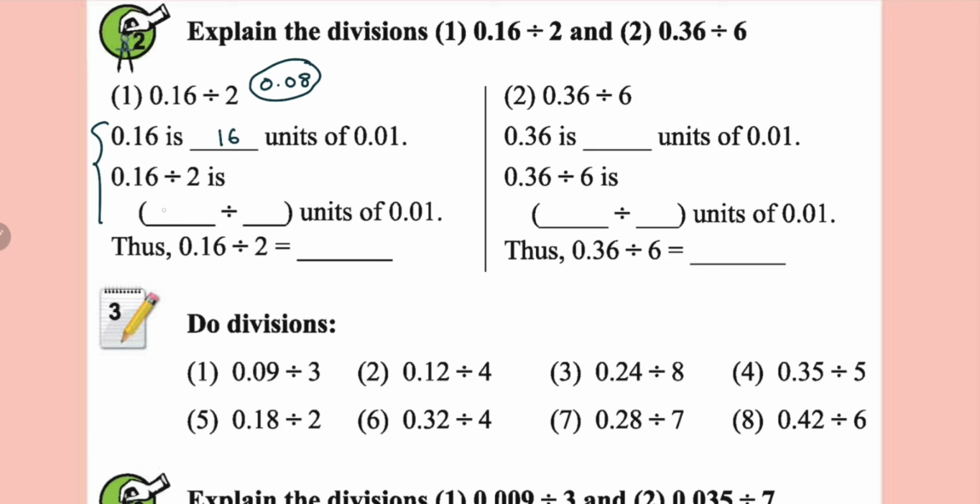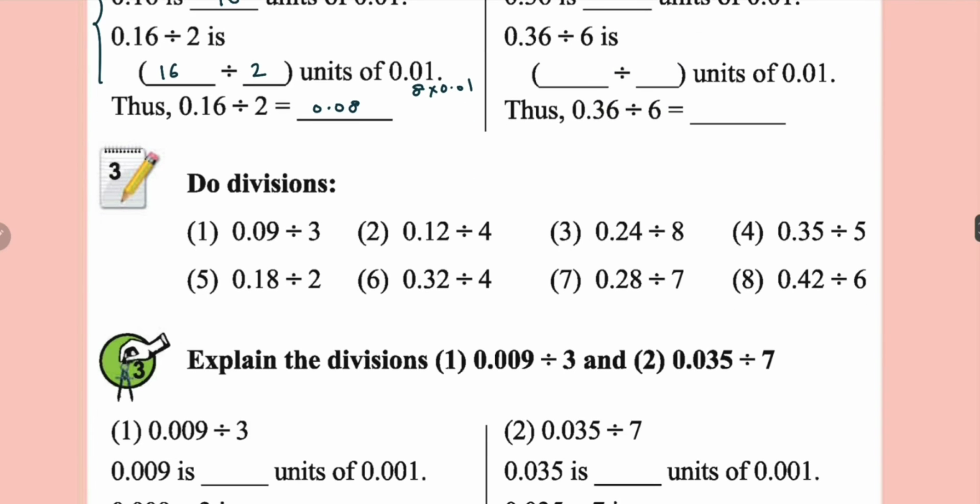So 0.16 by 2 is 16 by 2 units of 0.01. 16 by 2 is 8. So 8 units of 0.01 is 8 into 0.01, nothing but 0.08. Anyway, you will get the same answer. Similarly, here 0.36 by 6 is 0.06. And directly I wrote the answer.